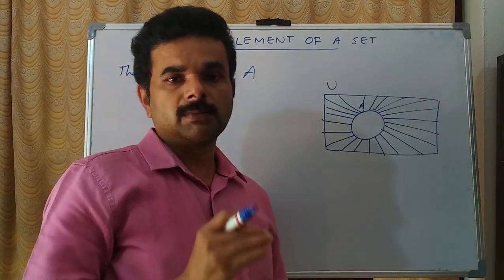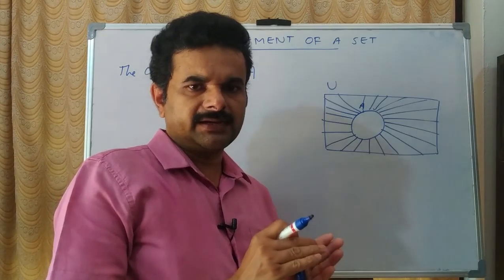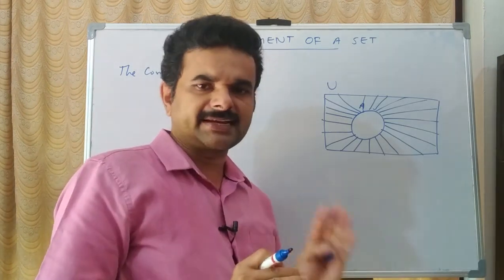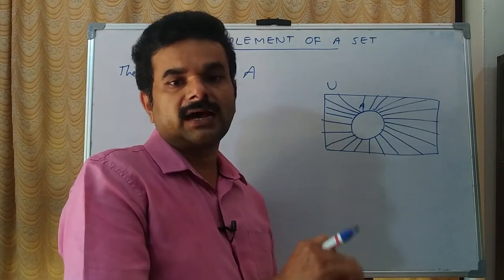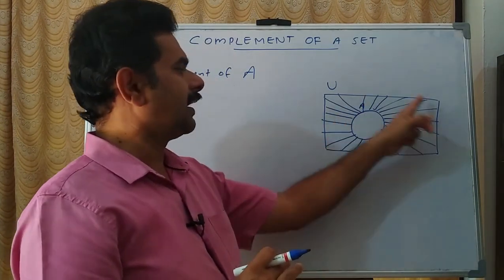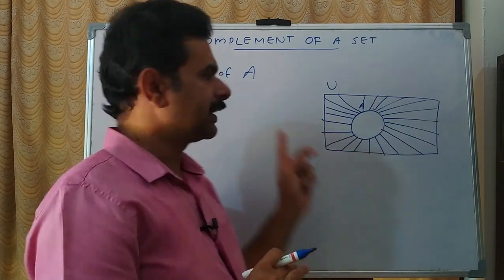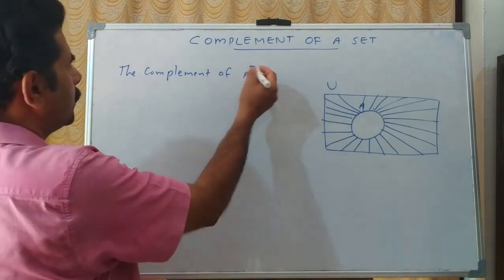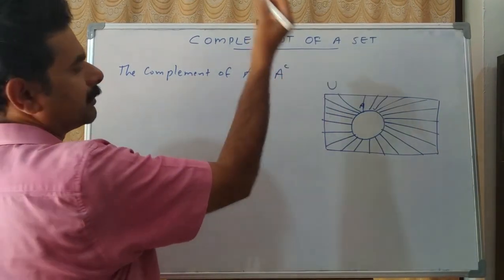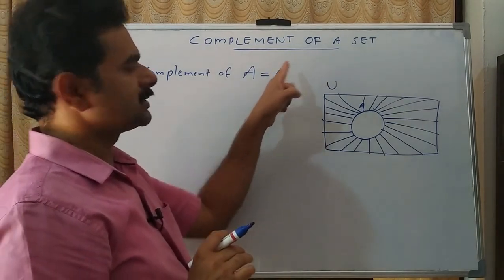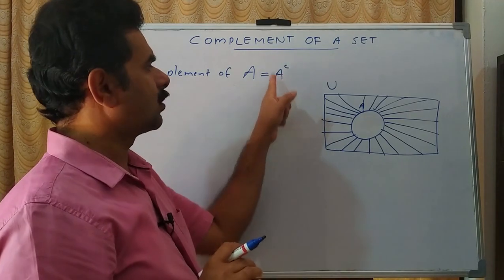So what is the complement of the set A? The complement of the set A is nothing but a set inside the universal set other than A. The remaining area that is not A, what do we call it? A complement. A complement can be written as A raised to C, just like that, A C, A complement.